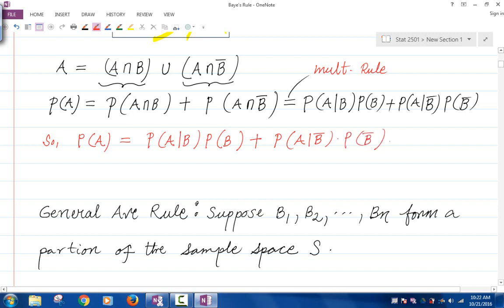So this is known as the average rule. The way I say it in words is that the overall probability of A is the same as the weighted average of the conditional probabilities of A with respect to conditions B and B complement, where the weights are given by the probabilities of the conditions.